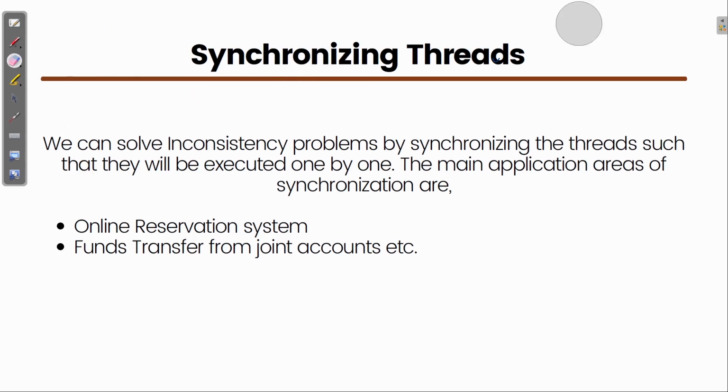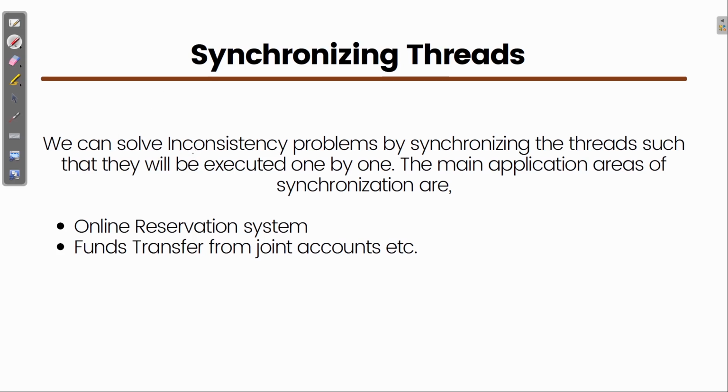So that's why we need to understand this concept, that is, we need to have the idea of how we can synchronize the threads. Let me just read this. We call this the inconsistency problem.